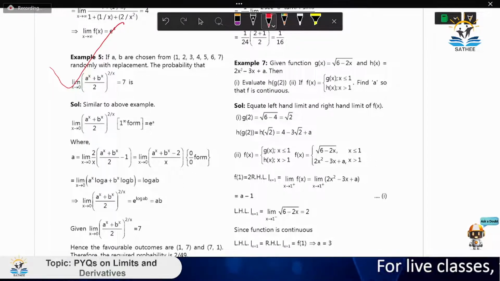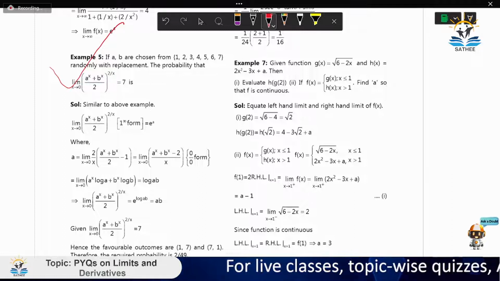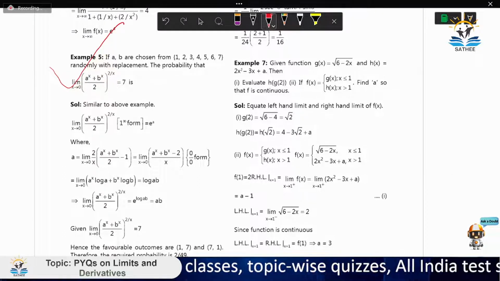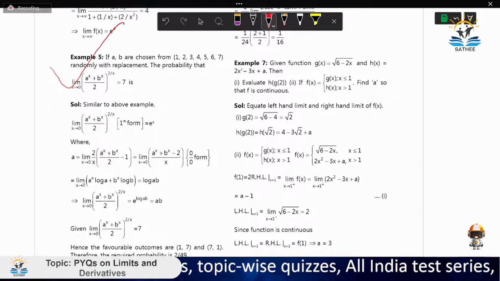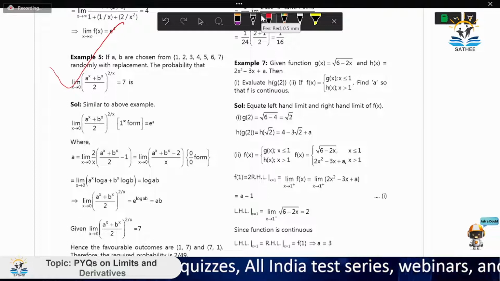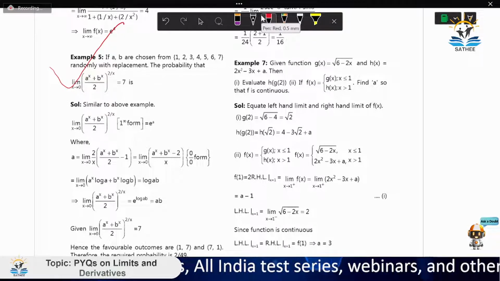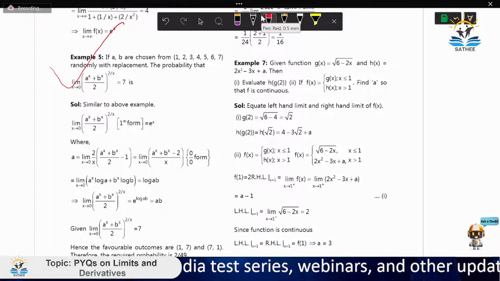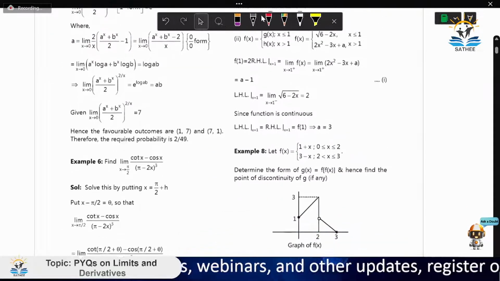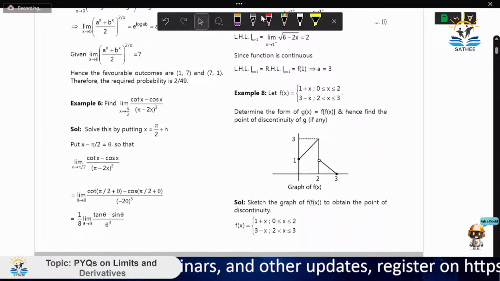You have to solve all these kinds of limits, and each has a different way to solve. For 0 by 0, we use L'Hopital rule. For infinity by infinity, we try to convert by taking the reciprocal, 1 by x, and dividing by the highest power of x. We'll not get into the details of the theory; we'll try to apply them in the questions. So let's do the next question.